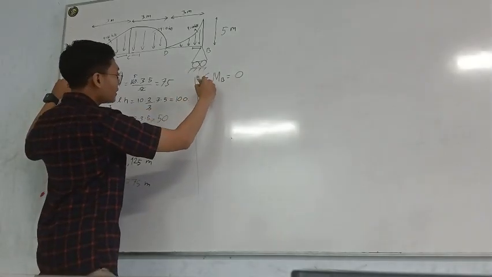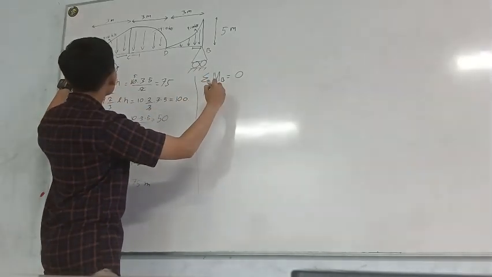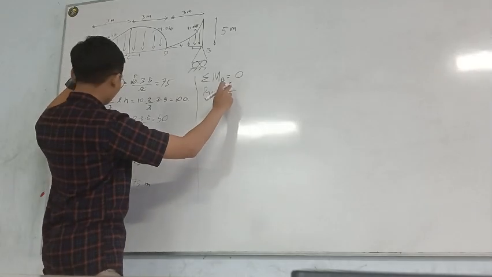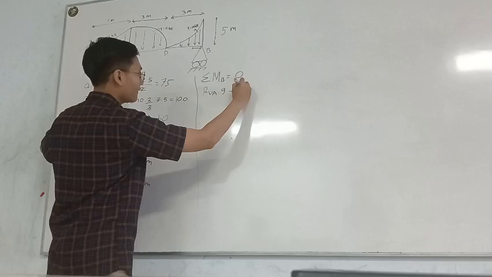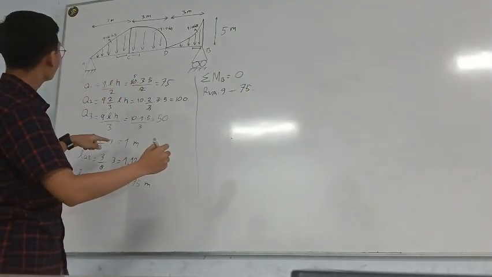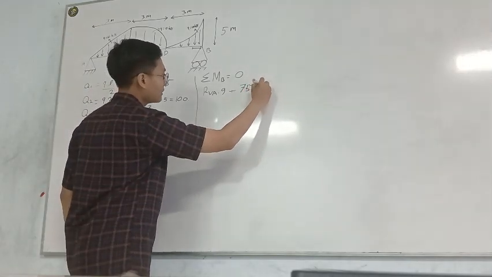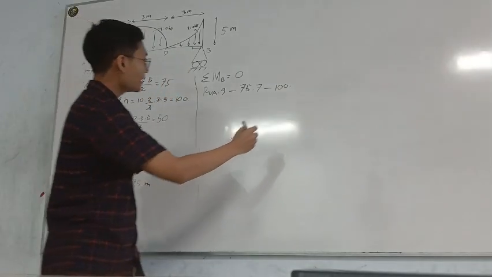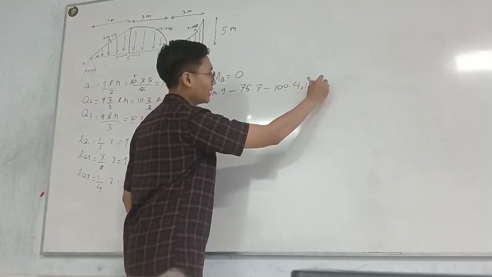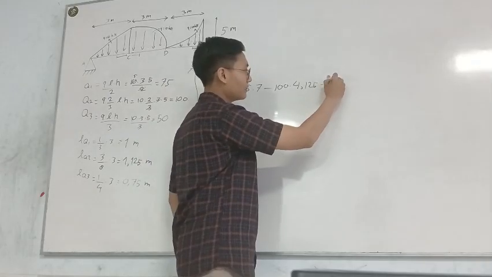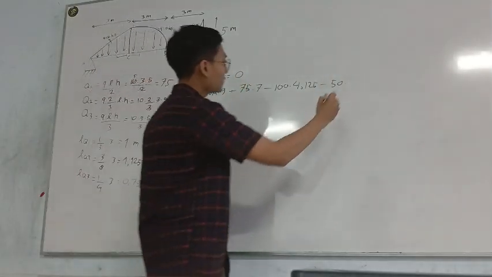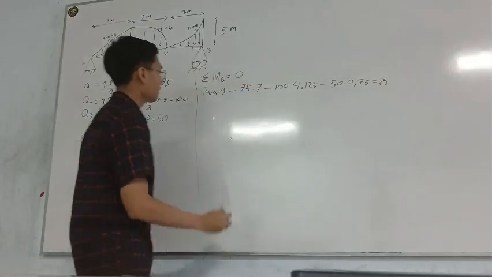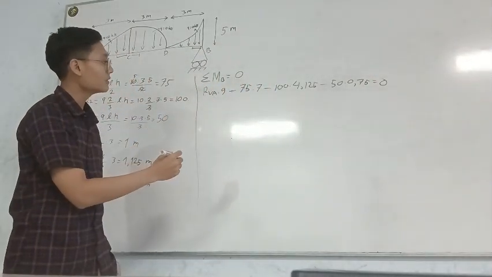This is RVA times 9 minus 75 times 7 minus 100 times 4.125 minus 50 times 0.75, which is 4,875, equals 0.